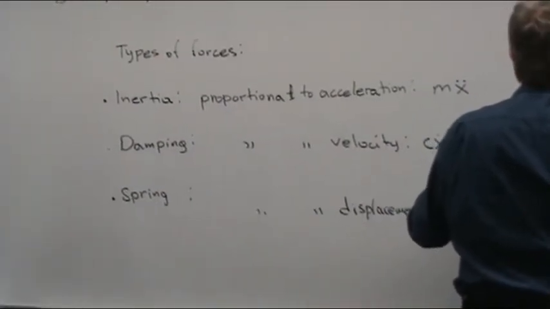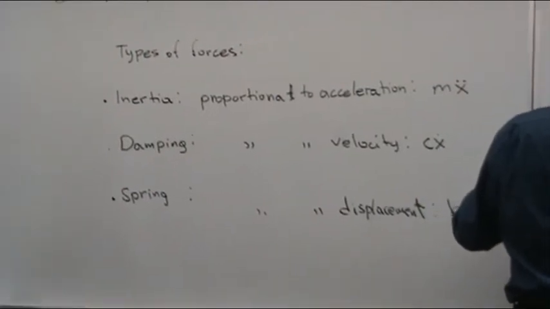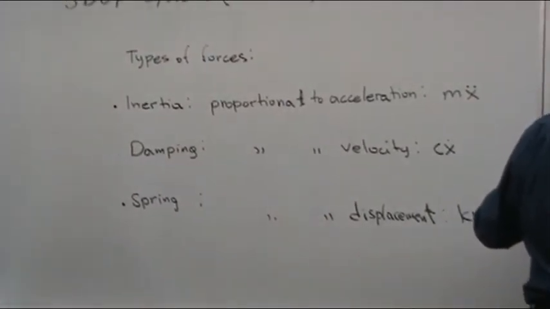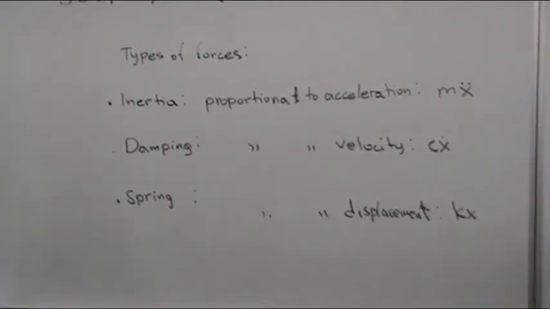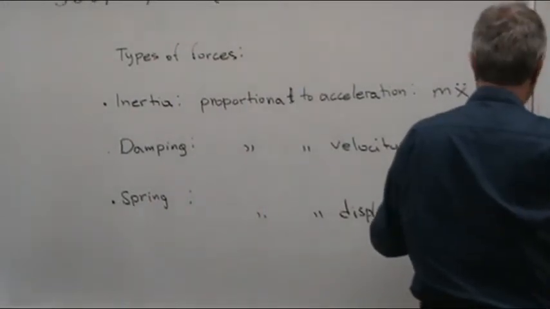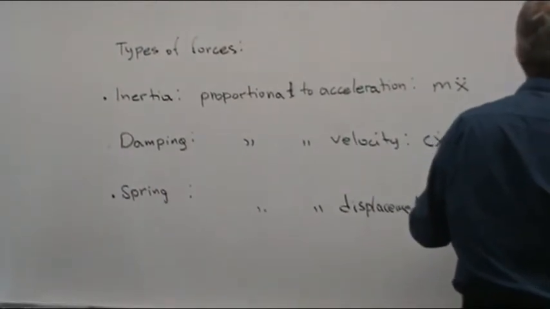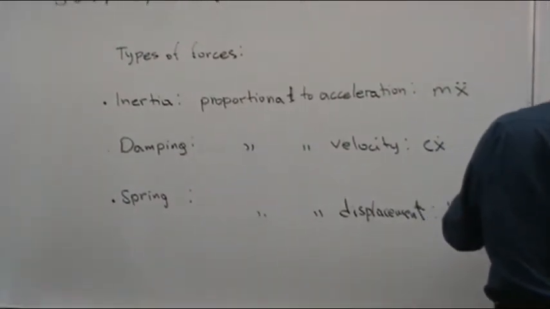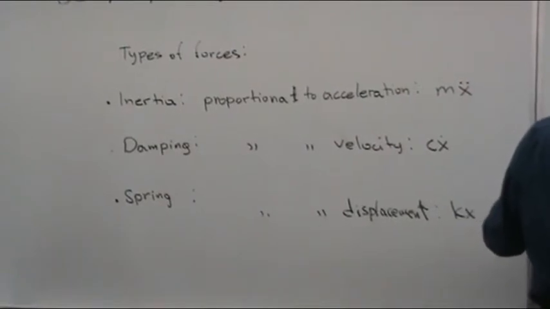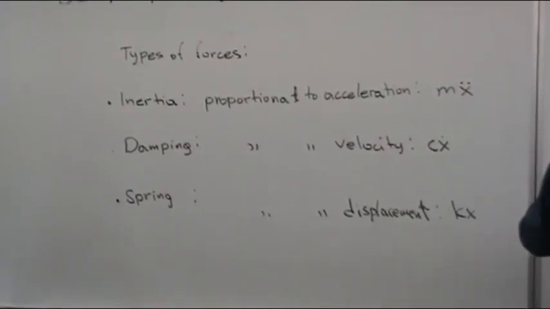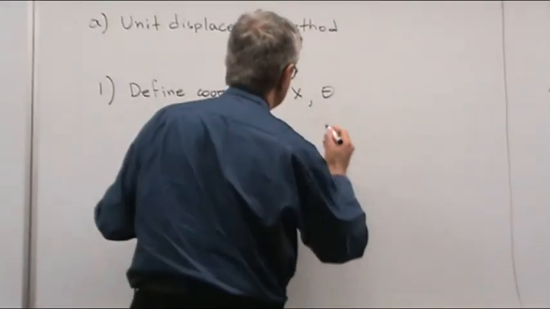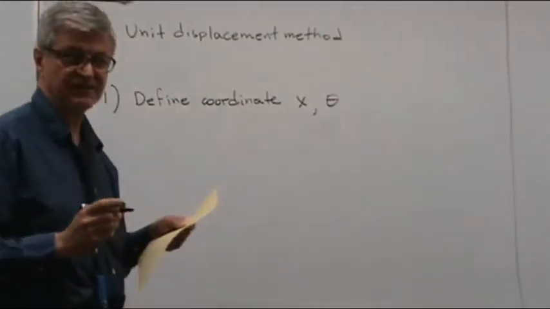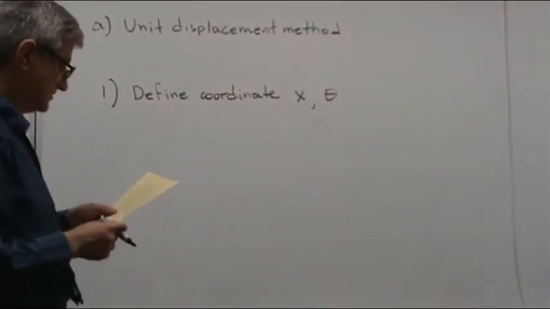So, unit displacement method. The first step is to define the degree of freedom or independent coordinate, which is either x or theta, either a displacement or an angle of rotation.